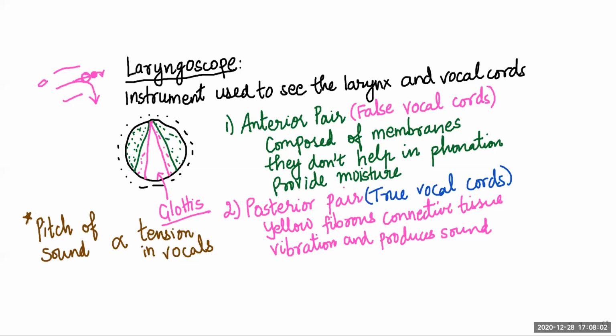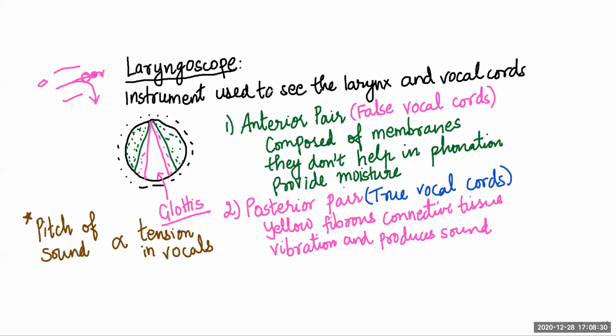Now tell me, an adult male and an adult female, who has a higher pitch of sound? Adult male और adult female, किसके पास higher pitch है sound का? Okay, so yeah, it's a divided house.